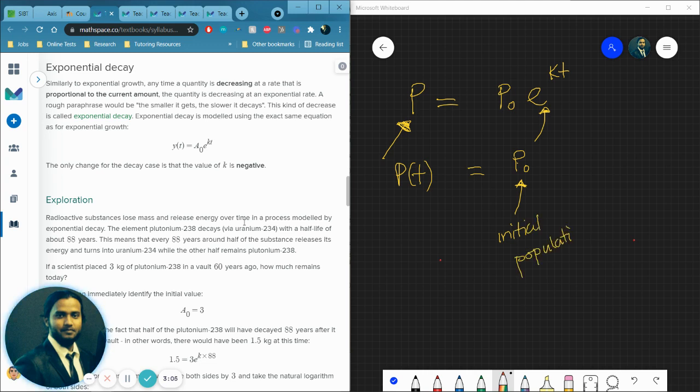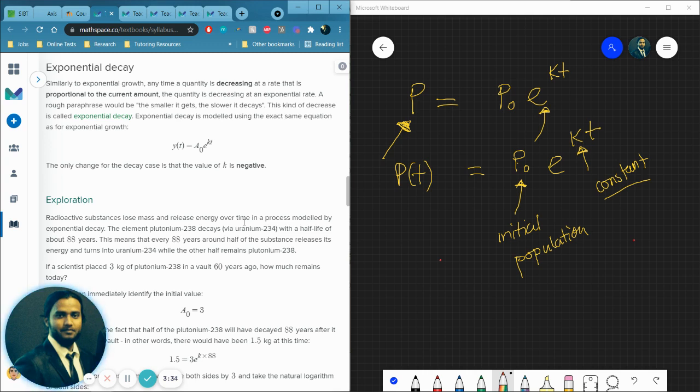This doesn't necessarily need to be people. It can be birds, animals, dogs, cows, anything at all. In e to the power kt, k is the constant. That constant plays a significant part in whether the population is decreasing or increasing, how rapidly it is increasing, and whatnot.